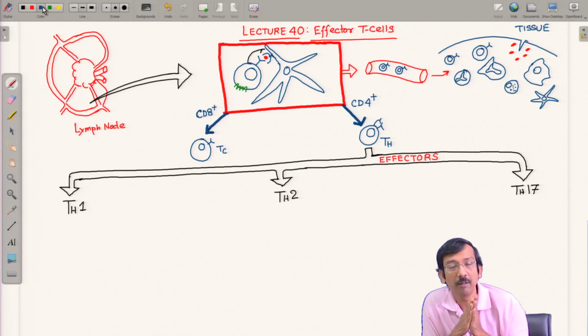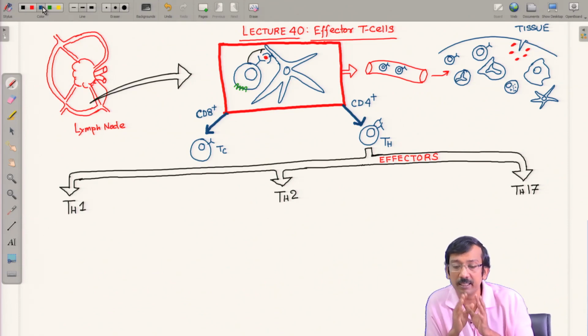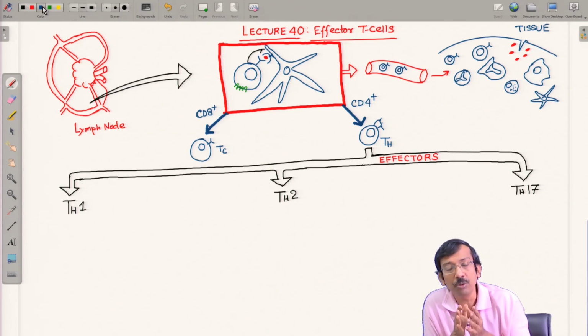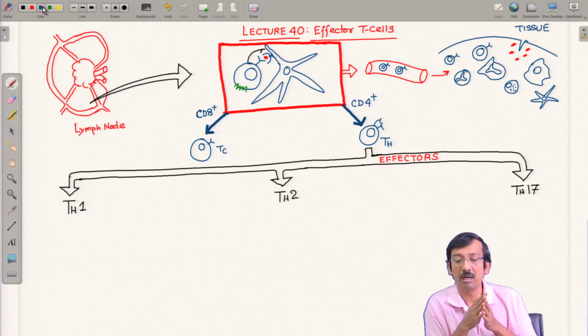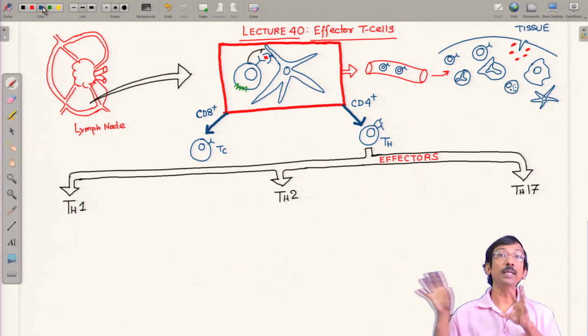When we call the cells of the adaptive system, we usually understand the B and the T cells. When we say cells of the innate system, we usually understand the neutrophils, basophils, mast cells, macrophages. These are the cells of the innate system.